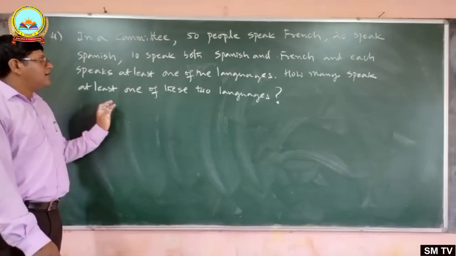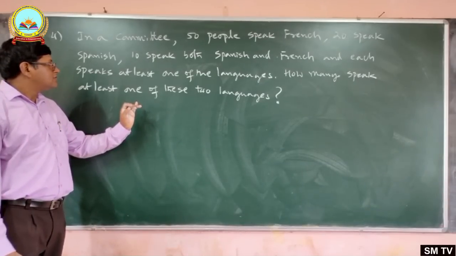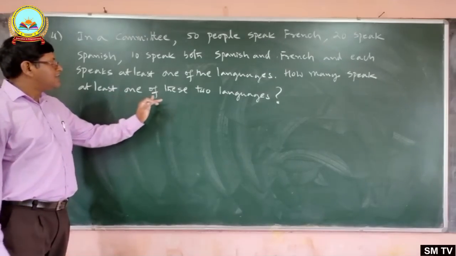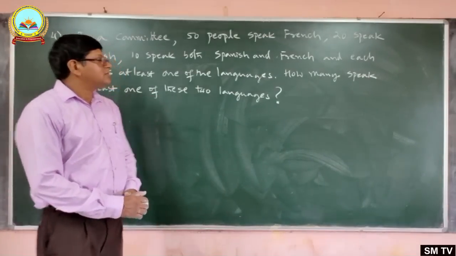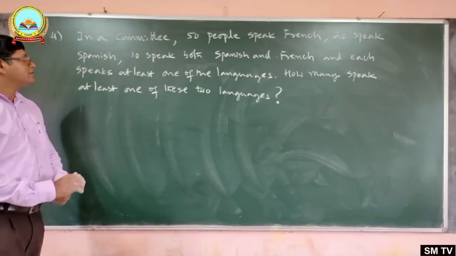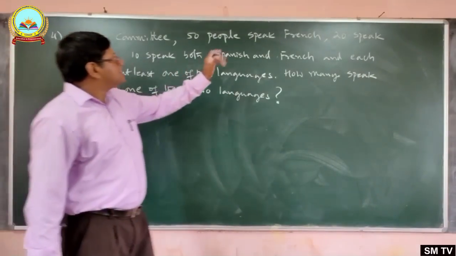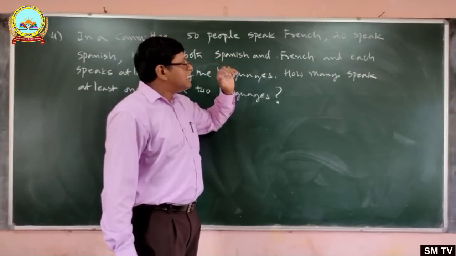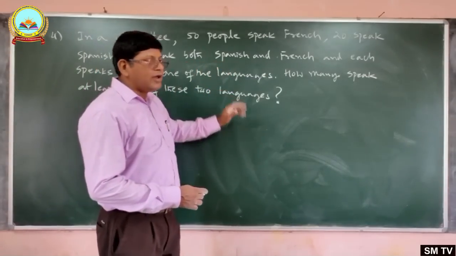How many speak at least one of these two languages? That's the question. Okay. So let us take F as the set of people who speak French, and capital letter S as the set of people who speak Spanish. Okay.